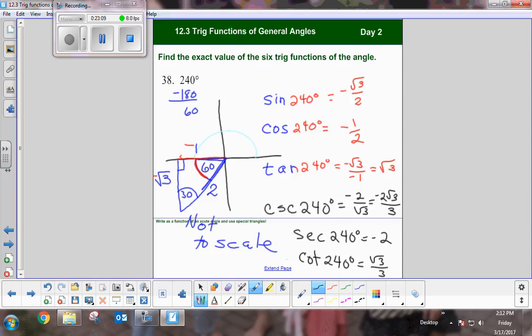Now you can memorize the values too, because eventually you will just need to know that the sine of 60 degrees is square root of 3 over 2, cosine is 1/2, tangent is radical 3. You'll need to know it like you know your multiplication tables. But for right now, you can just know your special triangles.